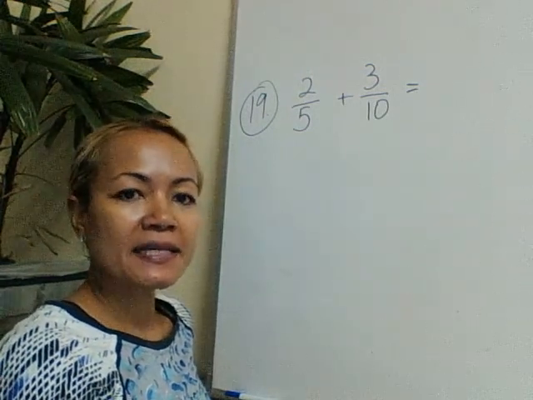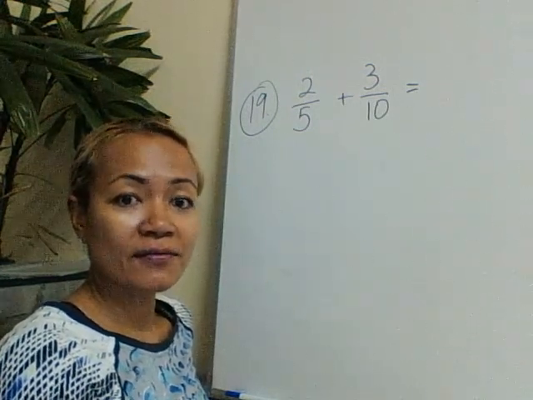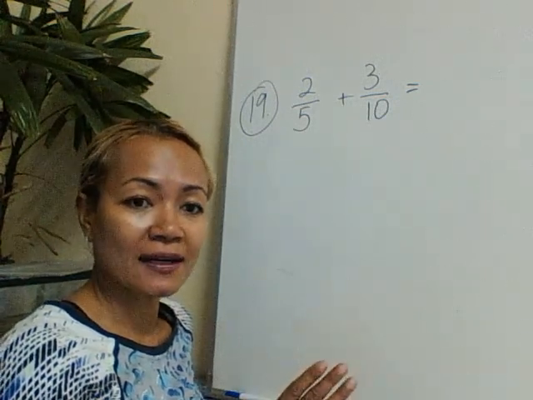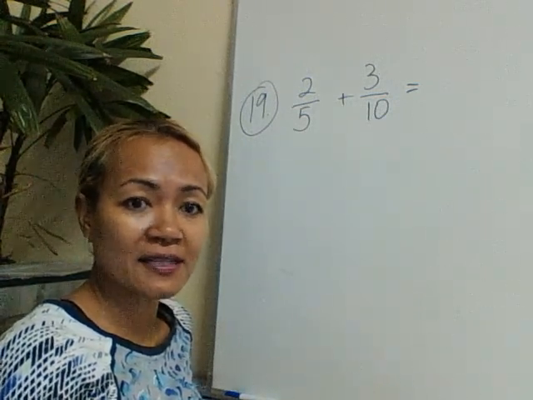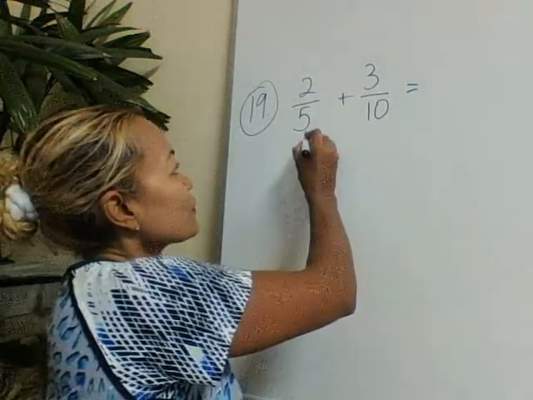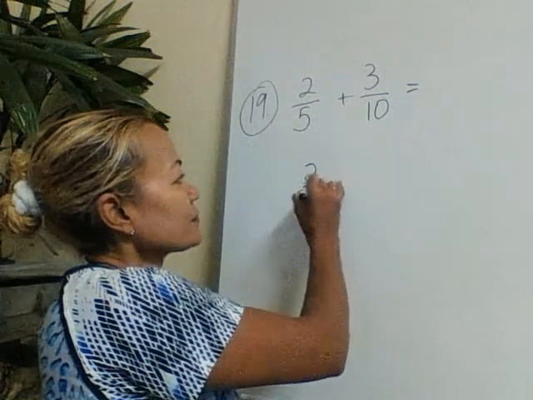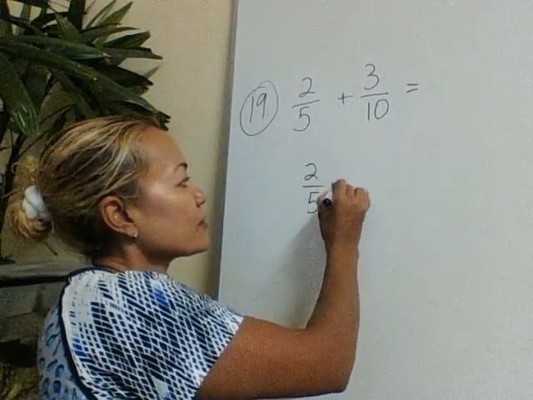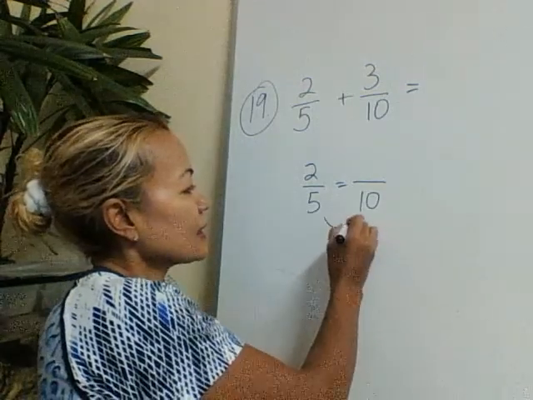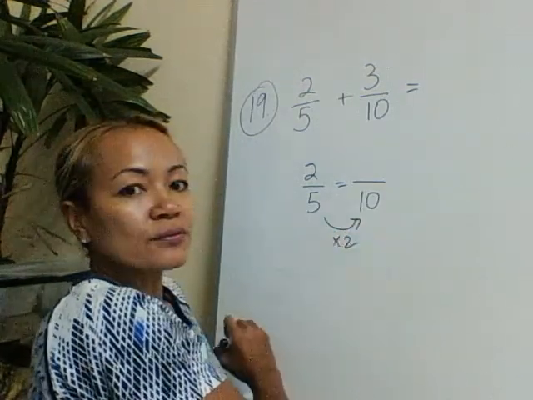It's probably easier to convert the 2 over 5 to a fraction with a denominator of 10, because 5 times 2 is 10, right? So to get the equivalent fraction, if we're going to have 10 on the bottom, it's multiplied by 2.